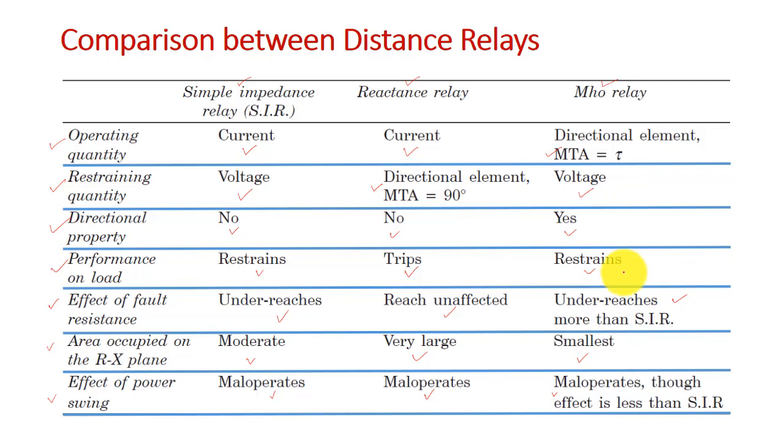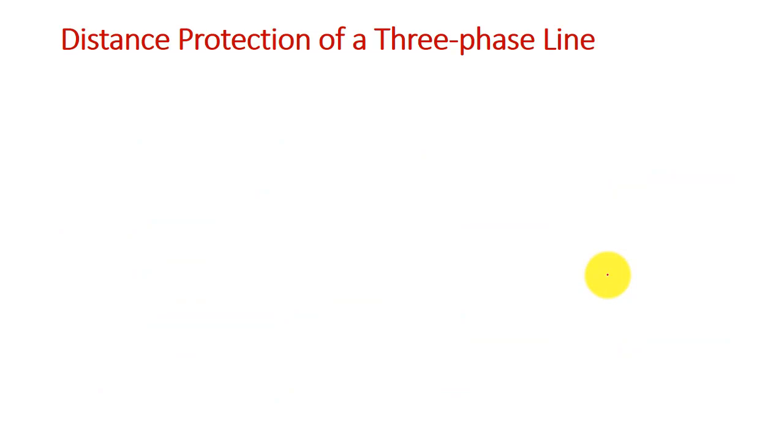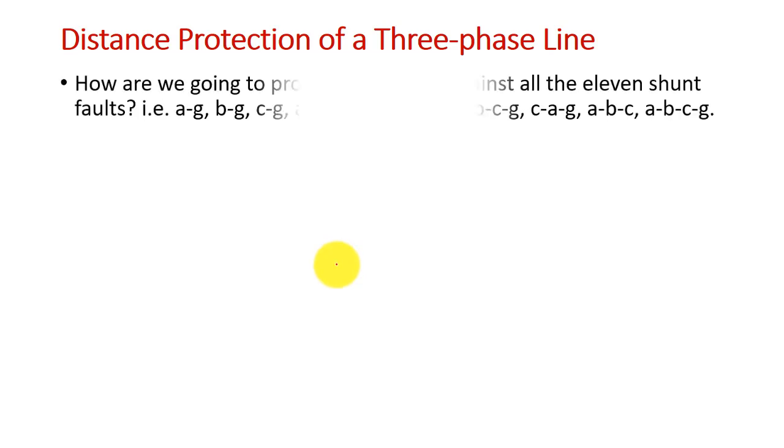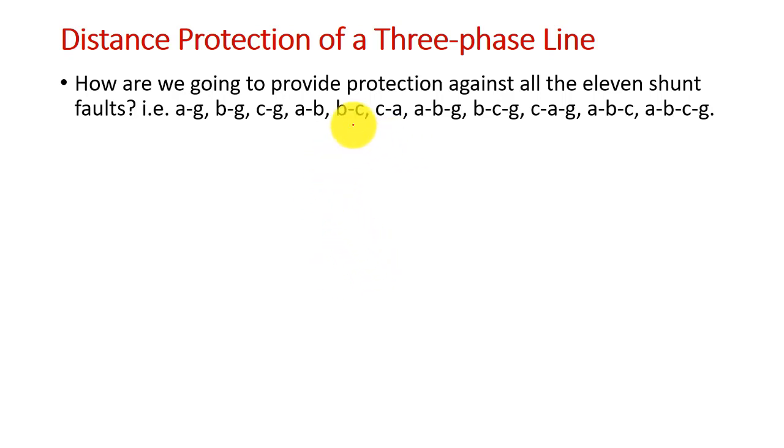We have already seen all these comparisons, and in this class let us see how we can implement a distance relay in a 3-phase transmission line. That is very important: distance protection of a 3-phase transmission line. Let us see how we are going to provide protection against all 11 shunt faults.